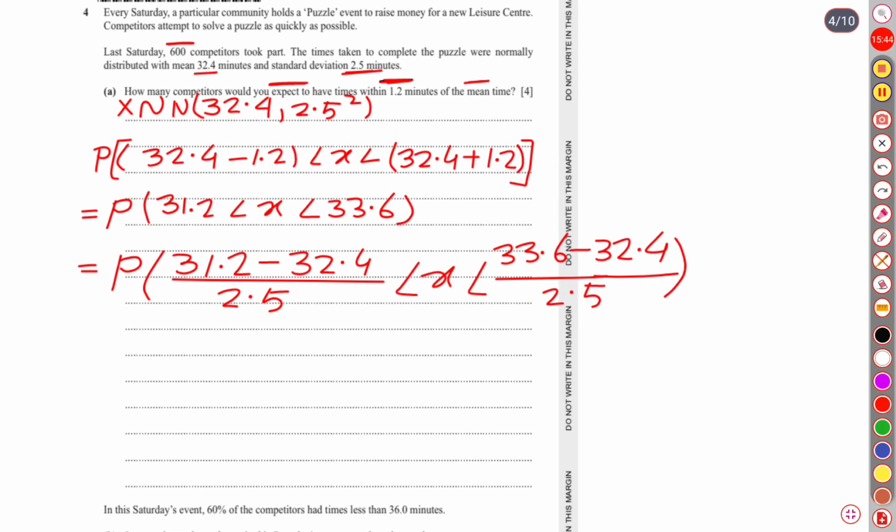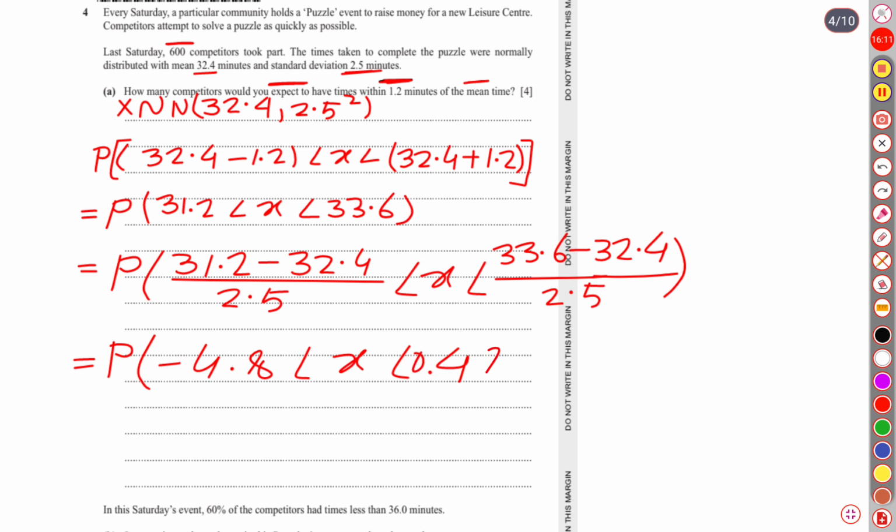Our lower bound, if we divide this by 2.5, must be negative 0.48, and the upper bound is positive 0.48.